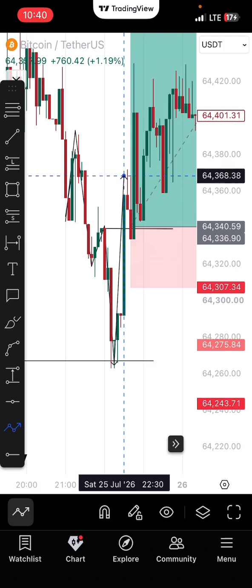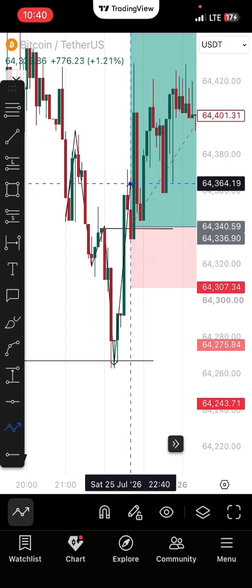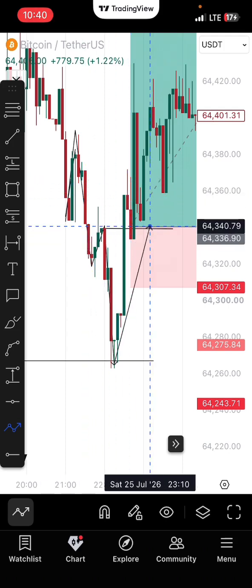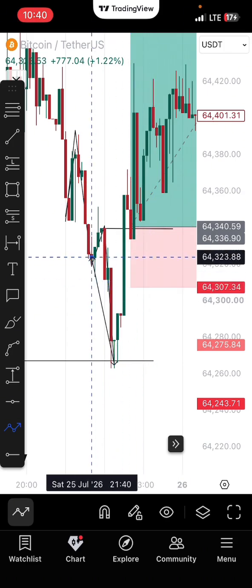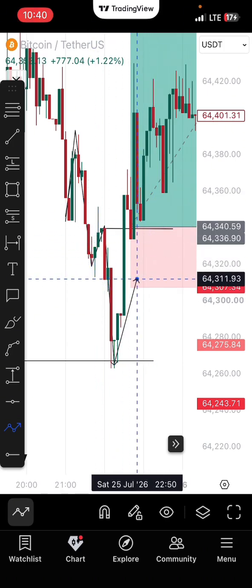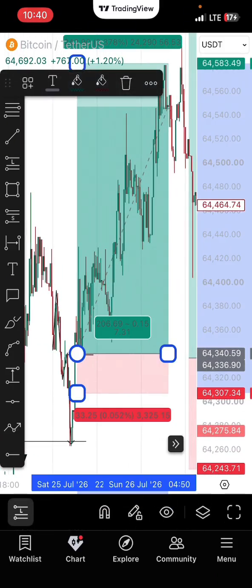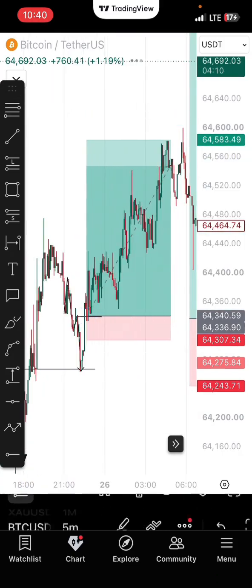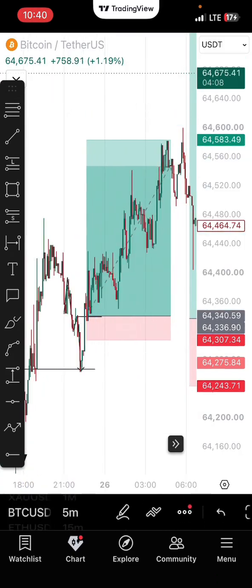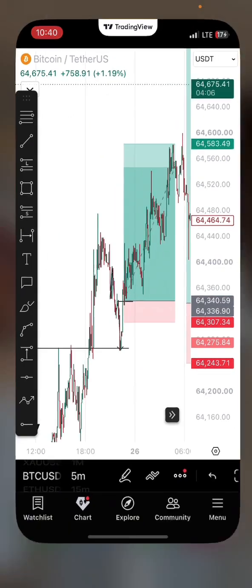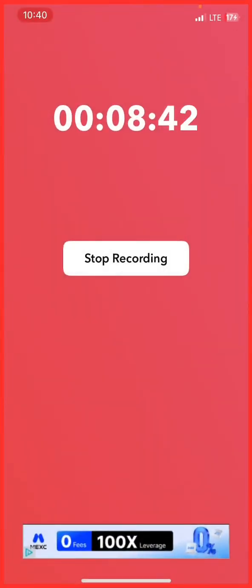This first red candle served as our single candle liquidity. I used here as our entry. I placed my stop loss below the low of this previous low. Then I targeted. This gave us a 7RR trade. So that is that on BTCUSD.